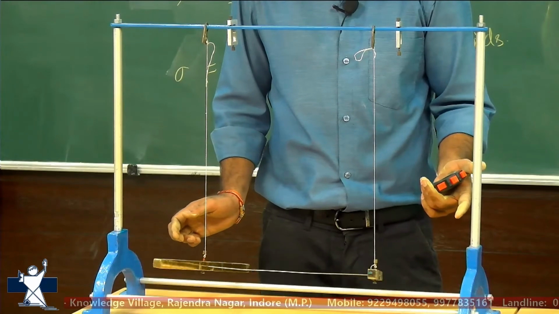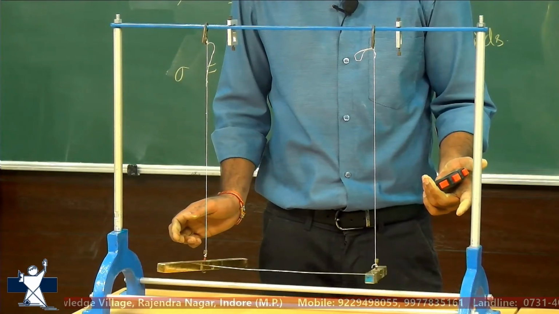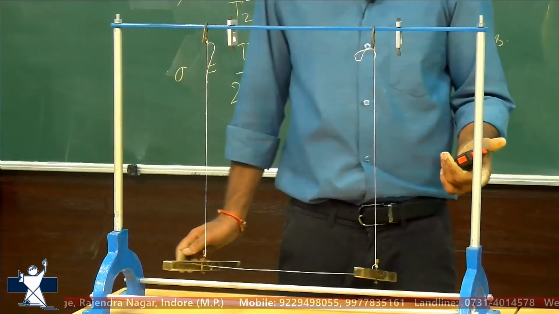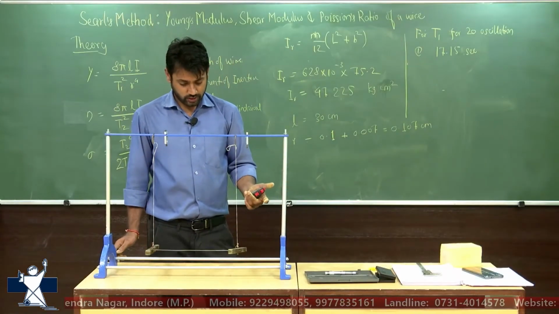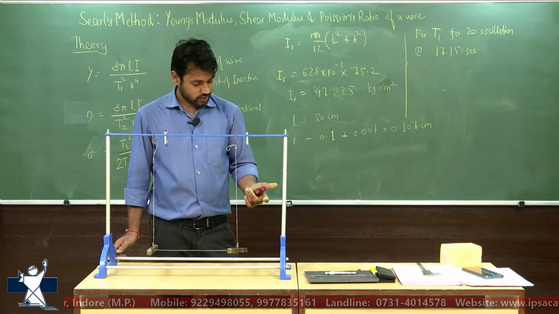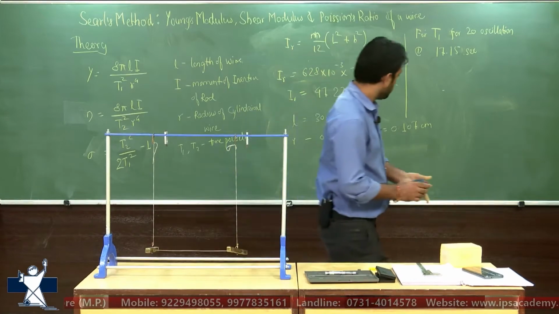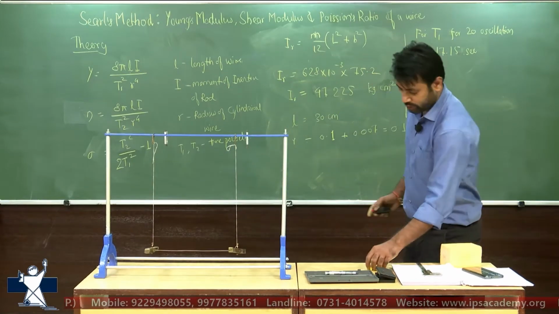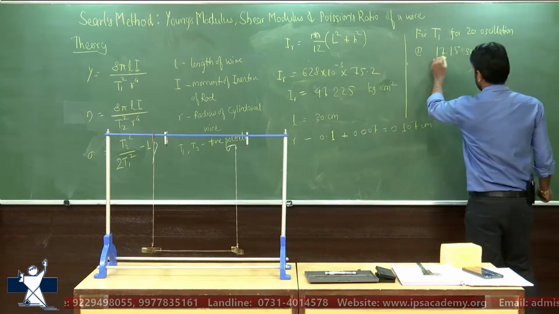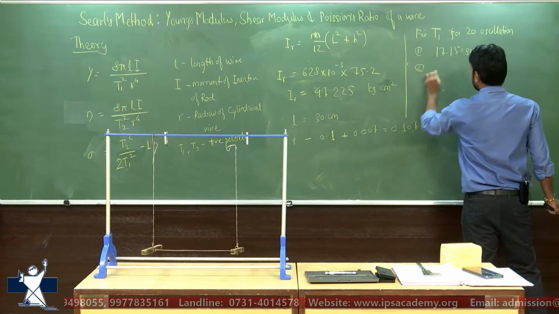1, 2, 3, 4, 5, 6, 7, 8, 9, 10, 11, 12, 13, 14, 15, 16, 17, 18, 19, 20. So this time I've got 15.53 seconds. You can see that there is some error.